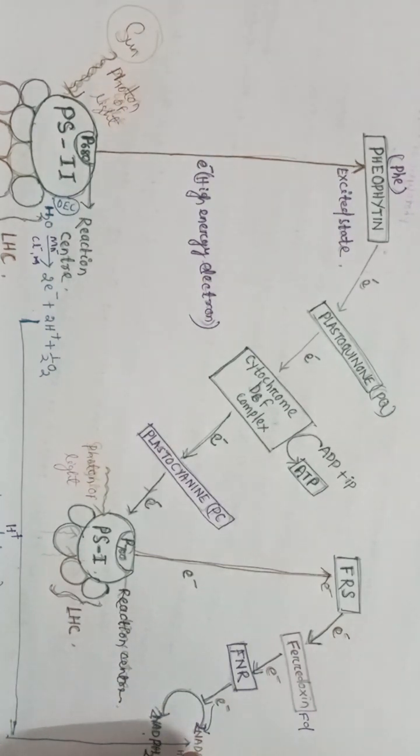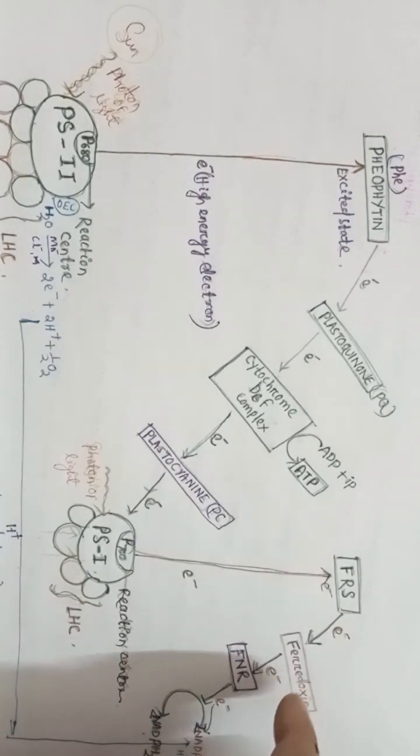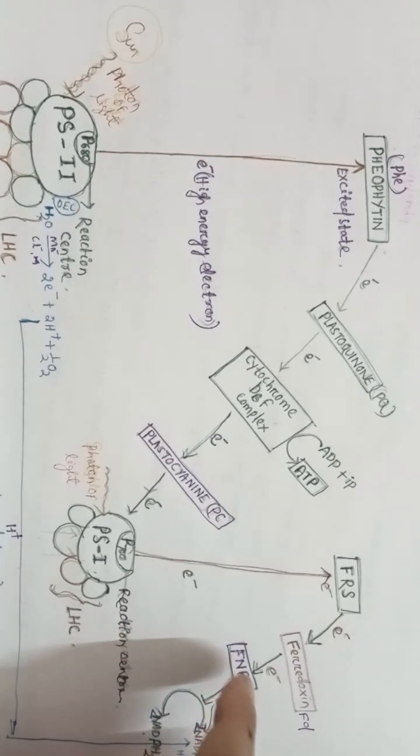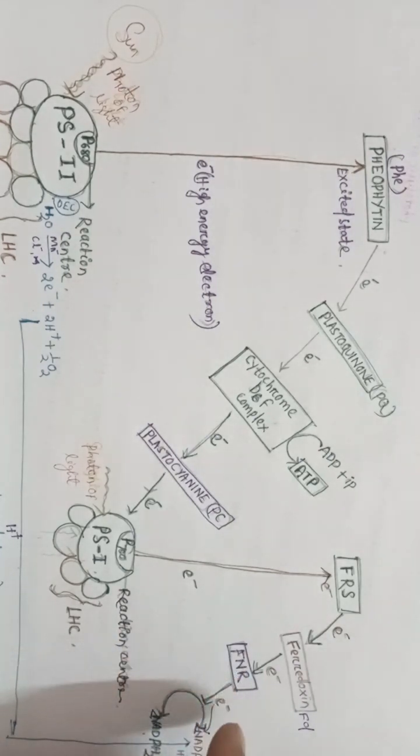Whenever the NADP accepts an electron from pyridoxine with the help of the enzyme pyridoxine NADP reductase, it can accept a proton from the stroma and get reduced into NADPH2. The full form of NADP is nicotinamide adenine dinucleotide phosphate.